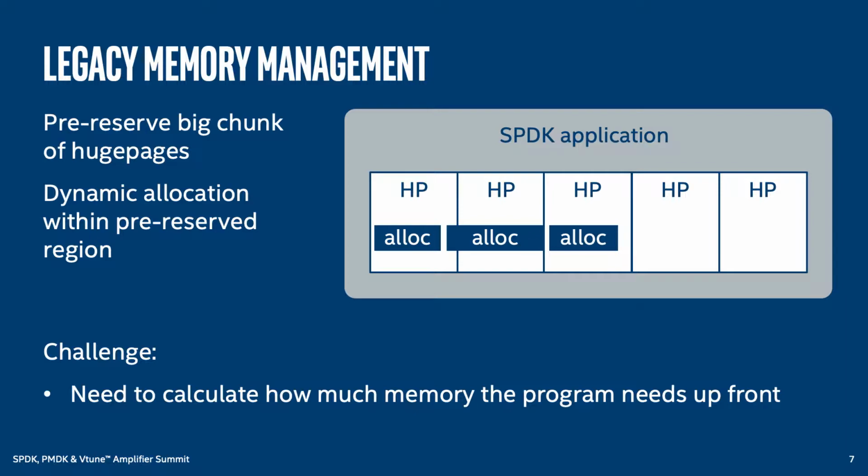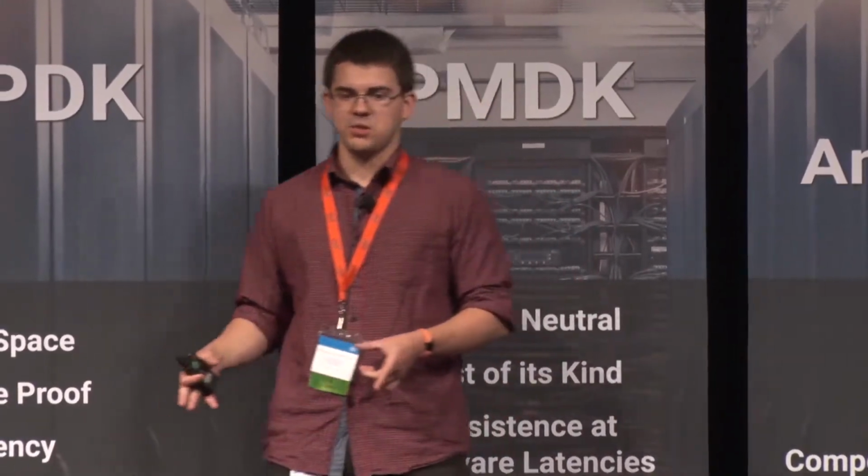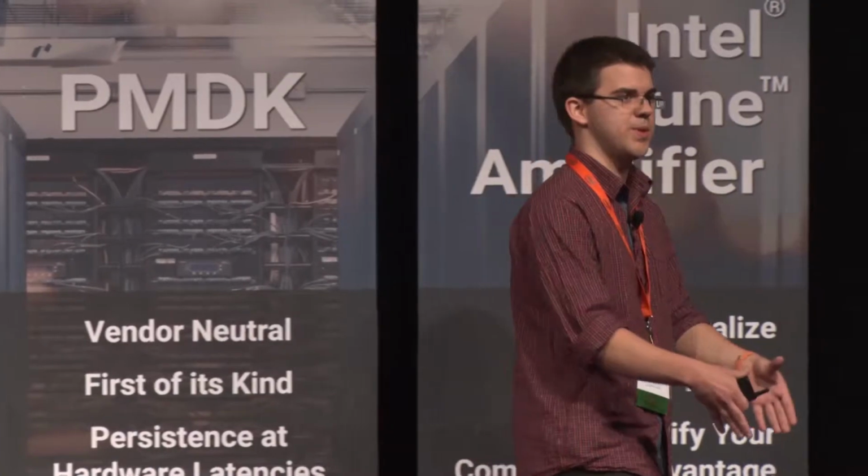Okay, so that's how memory management worked a year ago. It's DPDK that does most of the work here. So a year ago, when you started your application, you had to provide it with the size of memory you will be going to use in your SPDK application.